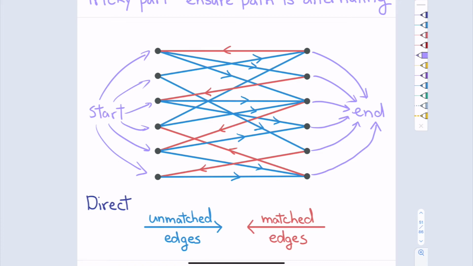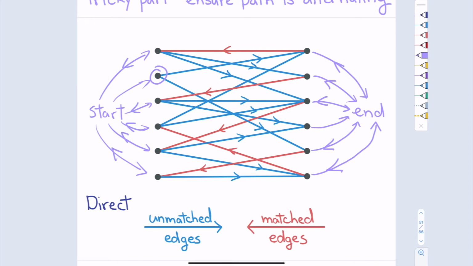Okay, so the residual graph would look like this, right? And you would start here, and then you could run BFS or something and try to get to the end. Okay, I think this is actually a little bit off, the matched vertices would have reverse direction, so that's not a perfect picture.